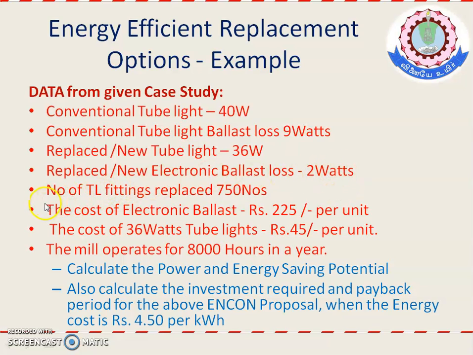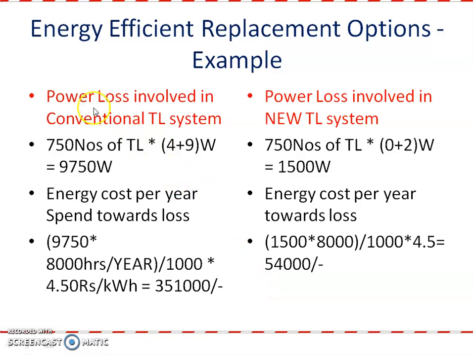Again we will come for the data. Number of tube light fittings replaced is 750. The cost of electronic ballast, all these things we have written here, and you need to calculate these things. You see here, power loss involved in the conventional tube light system. Total number of tube lights is 750.